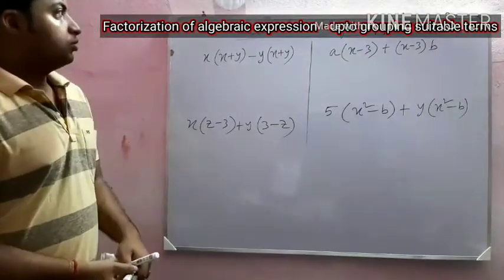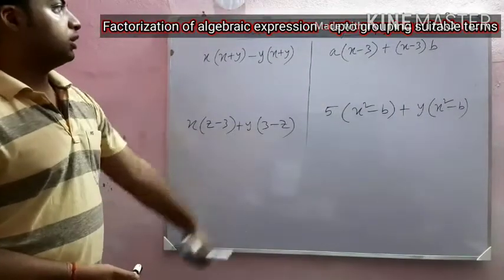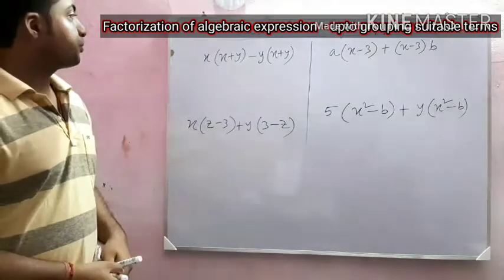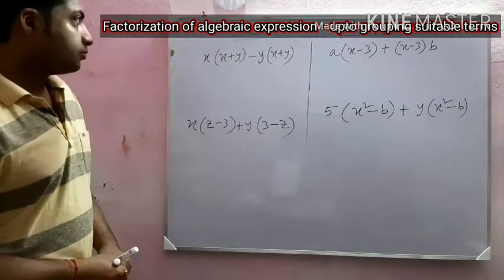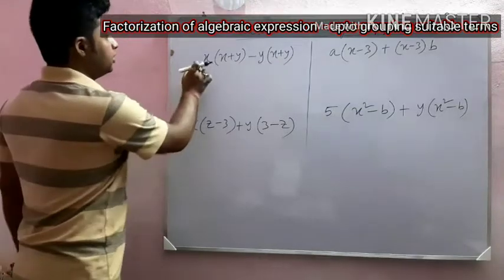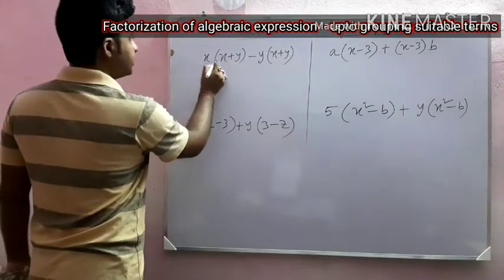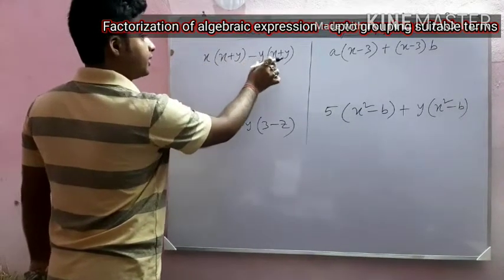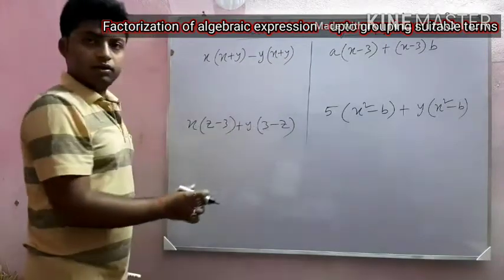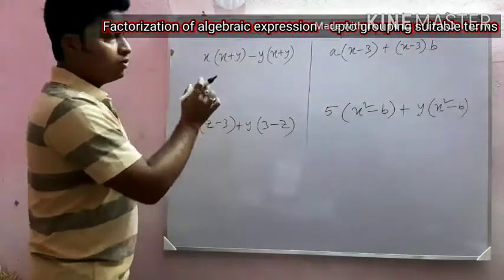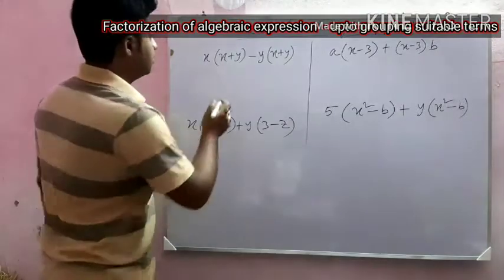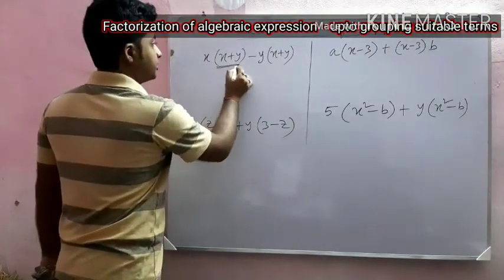Here also, you have to look for the common terms or common factors. See, here the factors are x into x plus y, and here the factors are y into x plus y. What is the common factor here? The entire bracket x plus y.